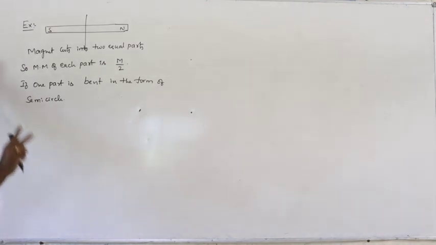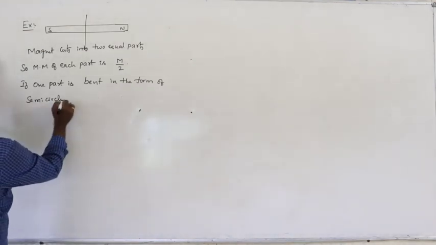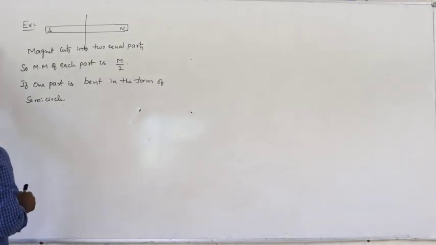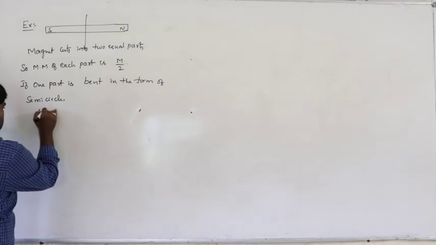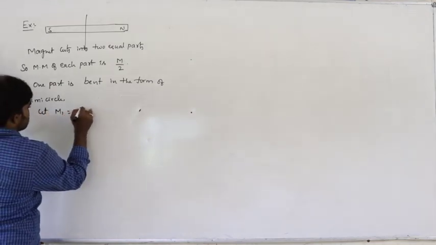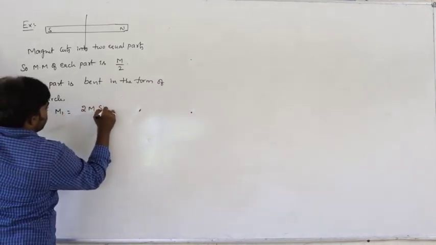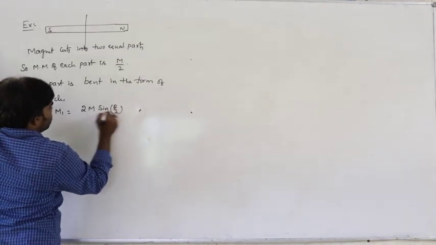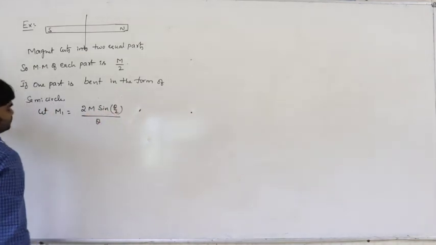In that, one part is bent in the form of a semicircle. If any magnet is bent in the form of a semicircle, the new magnetic moment becomes, let's say m1 equals, the general formula is 2m sin theta by 2 divided by theta.